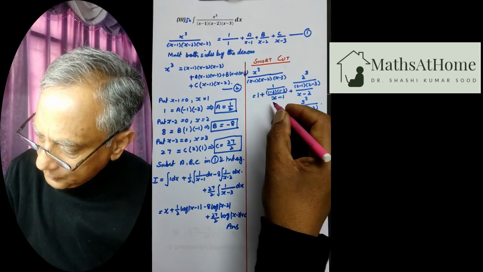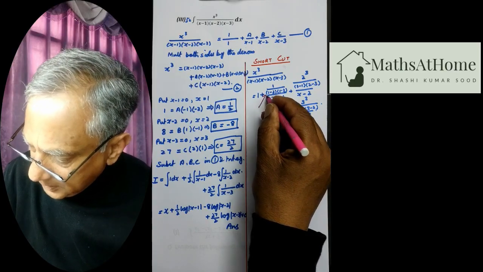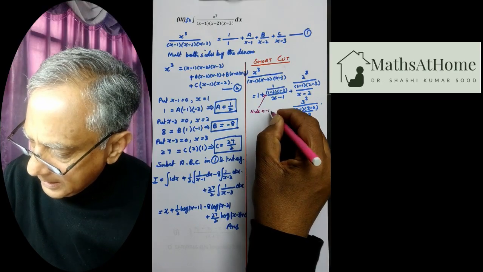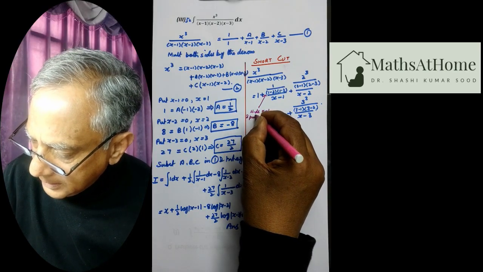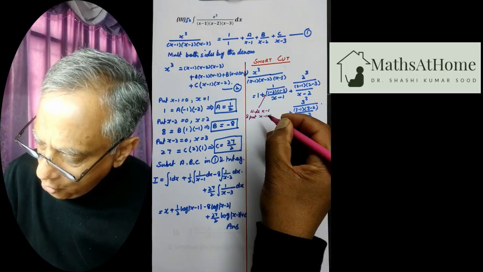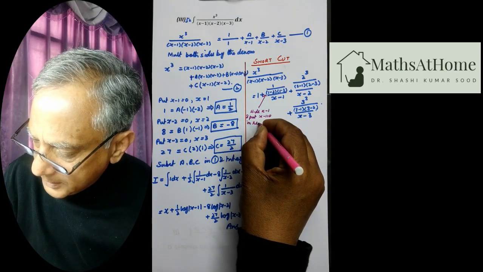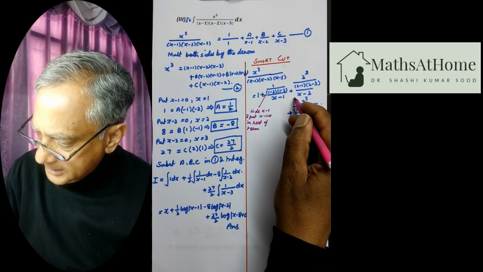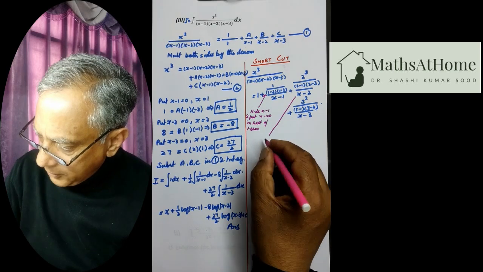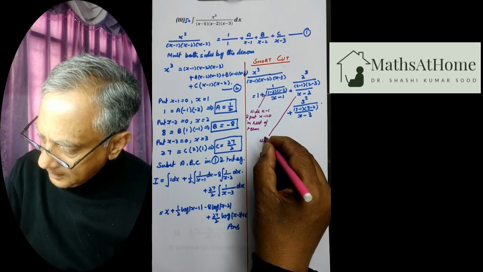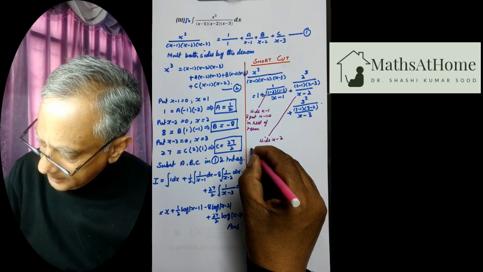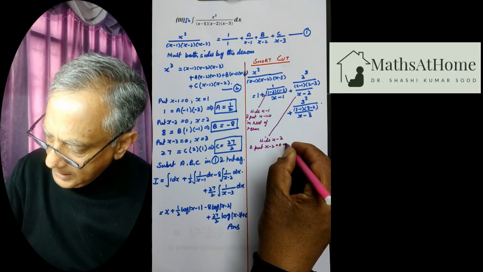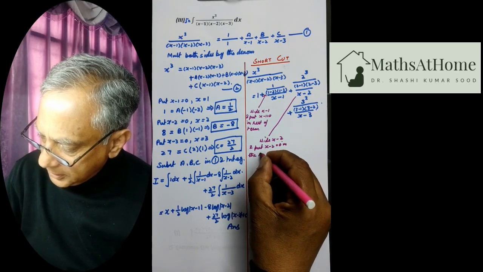So the rule is, for this, hide x minus 1 and put x minus 1 equal to 0 in the rest of the term. For this, we will hide x minus 2 and put x minus 2 equal to 0 in the rest of the term.